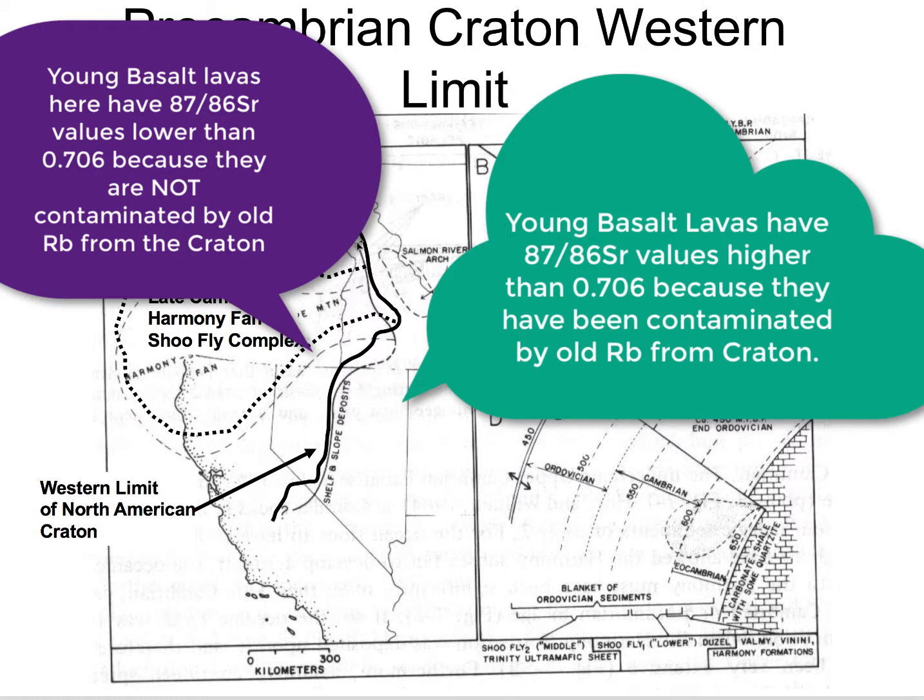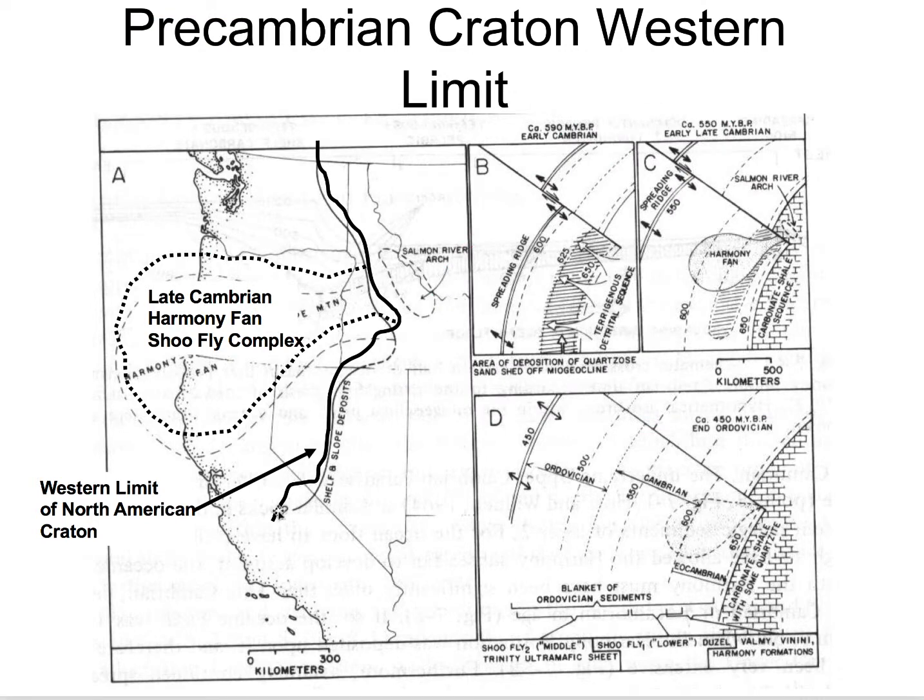Whereas everything to the west of this 0.706 strontium line will have lower values because this is pretty much new material, not contaminated by old rubidium decaying to strontium. So this is all new stuff, and we can map out the edge of the continent by finding this 0.706 strontium line.